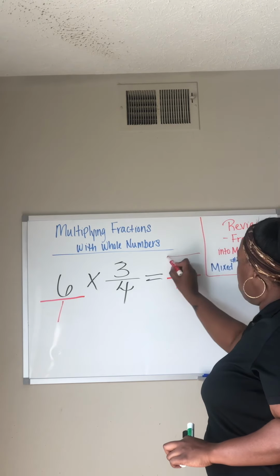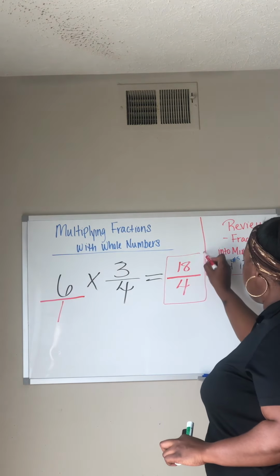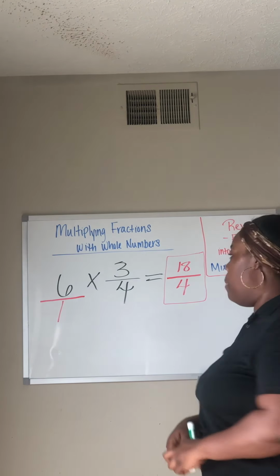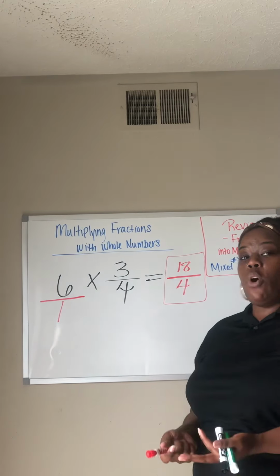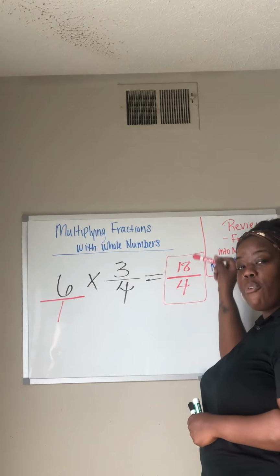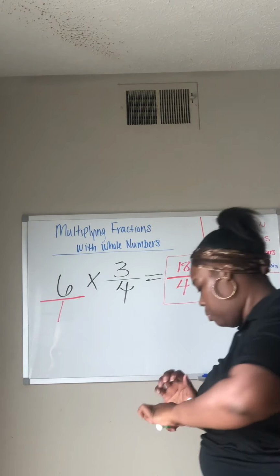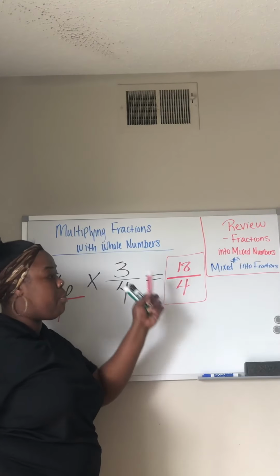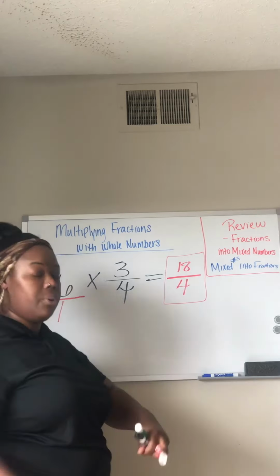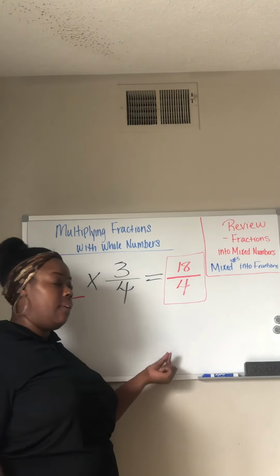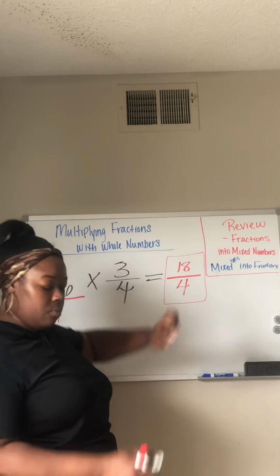You may have a 2-step problem. They may want the answer, and then they may want you to turn this improper fraction into a mixed number. When you want to turn the improper fraction into a mixed number, you are going to try to pull as much as you can from the top number.